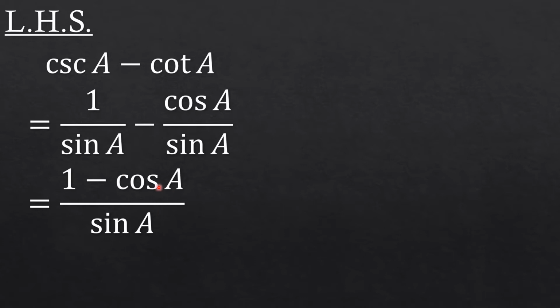So let me modify these terms so that I can apply some trigonometric formulas. I can write A as square root of A square. Am I right? Like that, square root of A square is A.